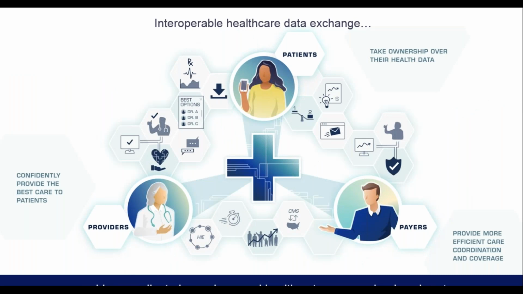So our goal is to get to an interoperable healthcare system in which patients, providers, and payers can all exchange data seamlessly and securely amongst each other for the purpose of better care coordination and really making better informed consumers of healthcare.